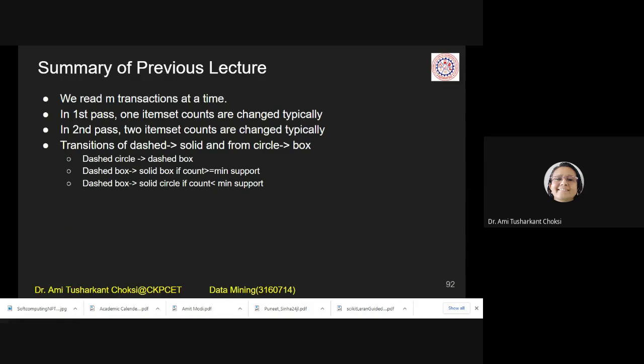Now, transitions of dash to solid, and from circle to box.